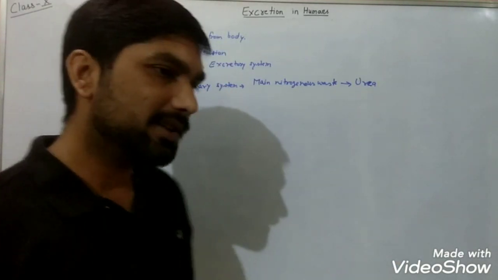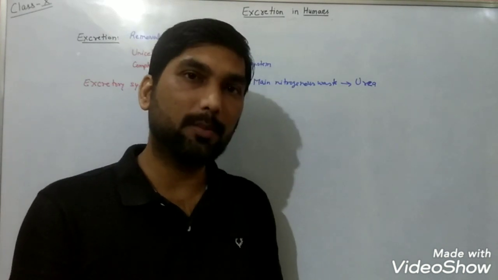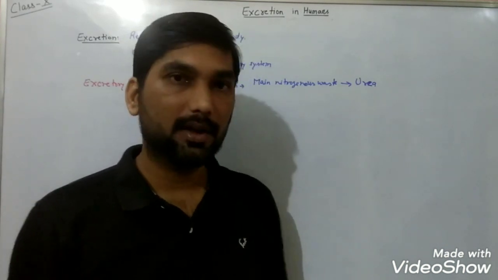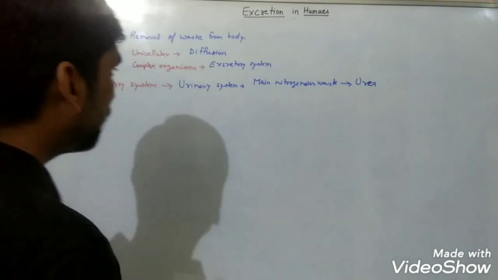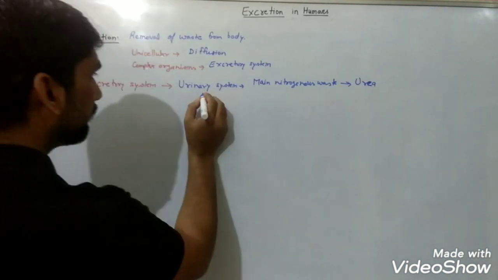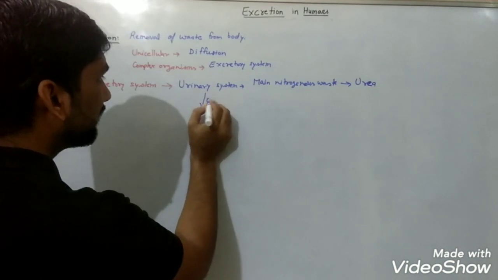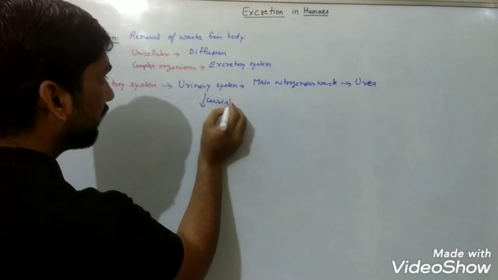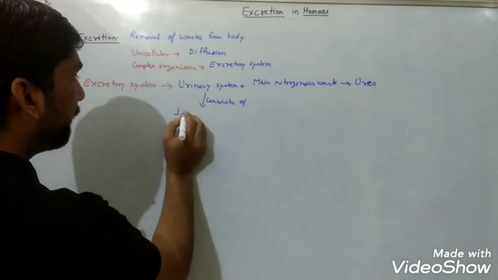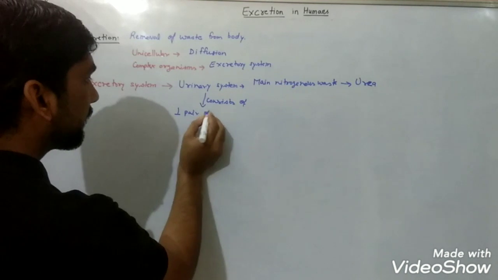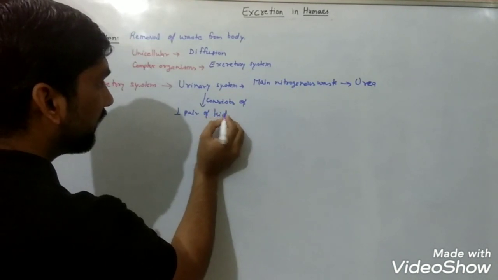And this urea is released in a liquid form, that is known as urine. So this system is known as urinary system. The urinary system consists of one pair of kidneys.